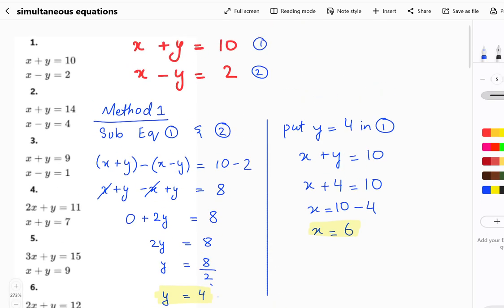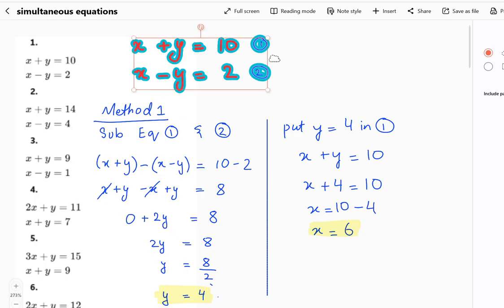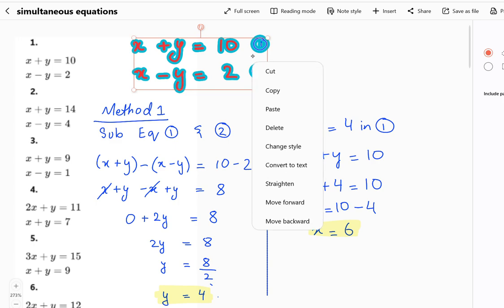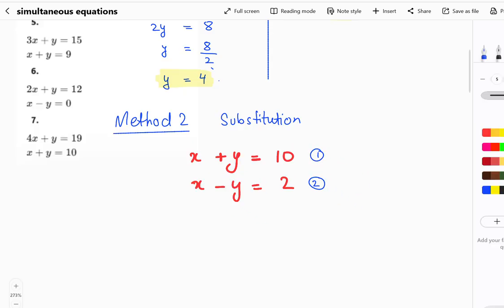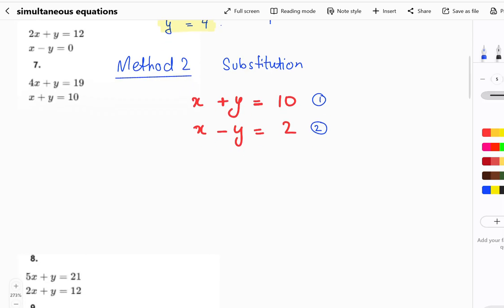So these are the equations we had, right? I'm just going to copy the same equations down here. In substitution, we just choose any one of the equations. Let's say I'm going to choose the first one. And then after choosing the equation, you choose one variable.